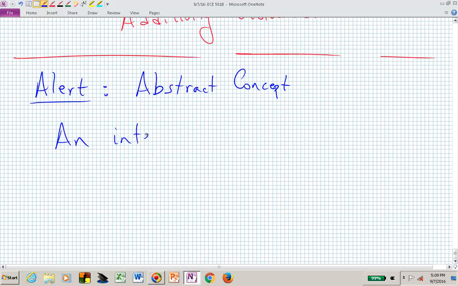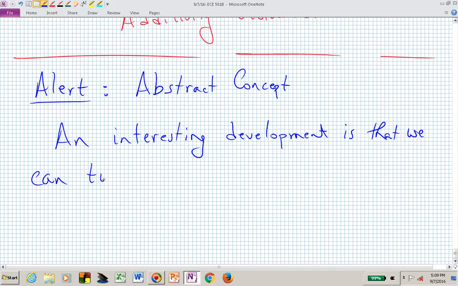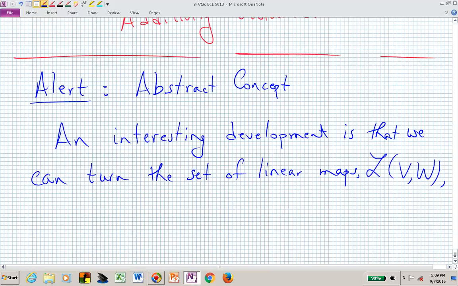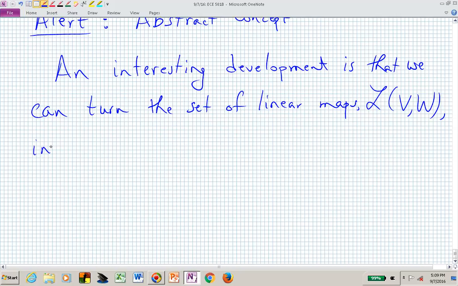An interesting development is that we can turn the set of linear maps, which we're calling L of V, W, given an input vector space V and an output vector space W, the set of linear maps, which we're labeling as script L of V, W, into a vector space.